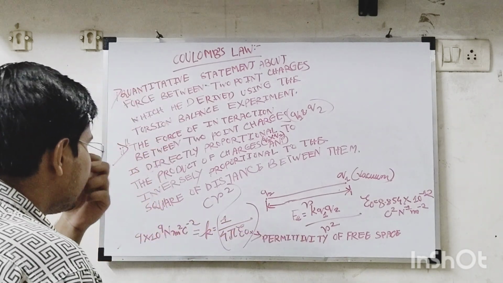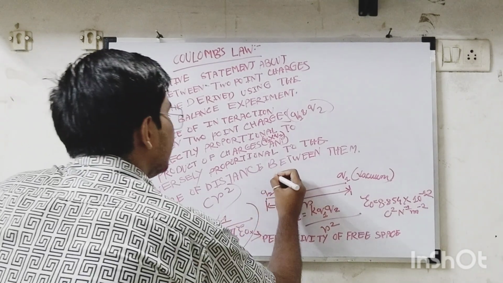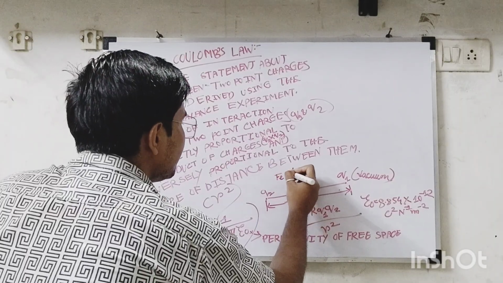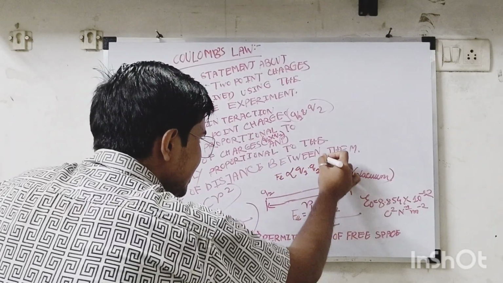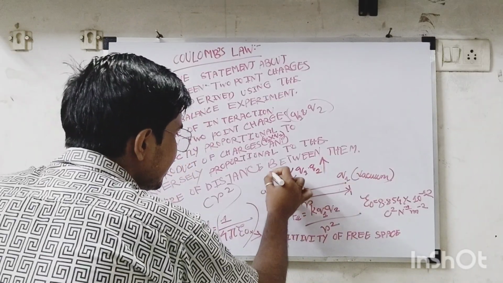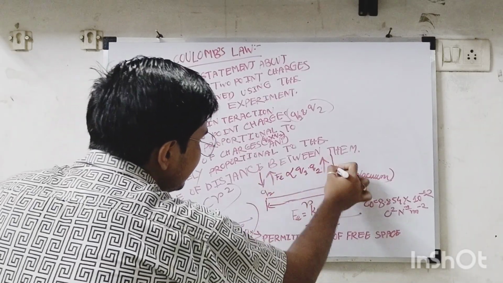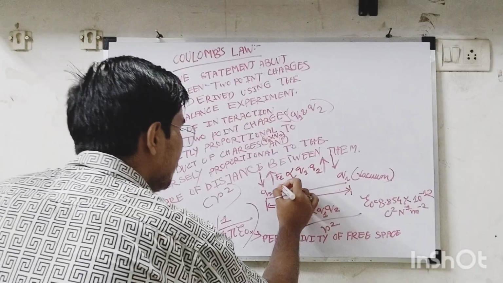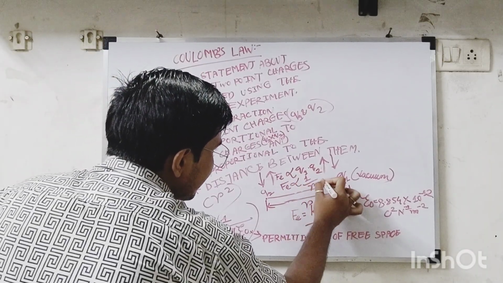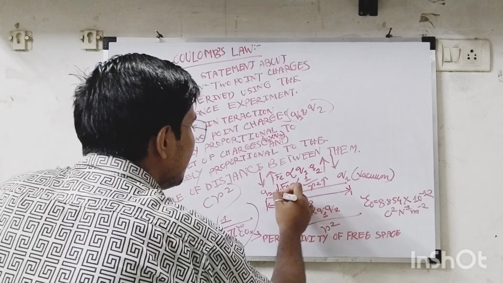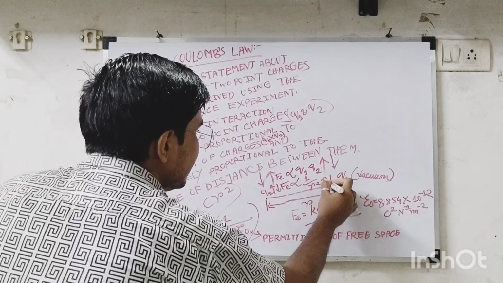Directly proportional means if Q1 into Q2 increases, the force will also increase, and if it decreases, the force will also decrease. But in case of inversely proportional, 1 by r square, if r increases, the force will decrease.